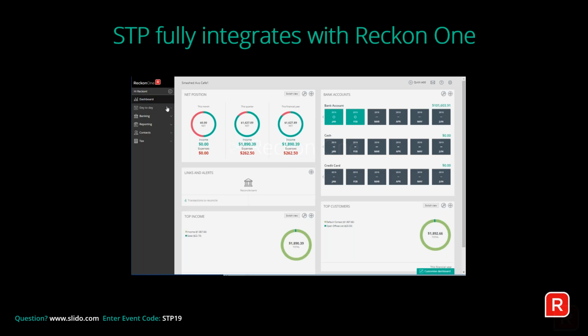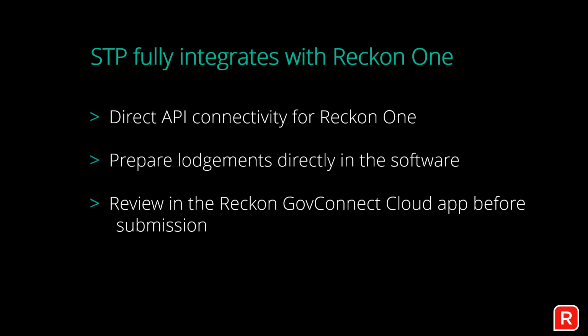Now, how to submit STP within Reckon One. Everything within Reckon One is all online, so it's a direct connectivity. Once you've submitted the pay run and you've submitted the STP, it'll link directly to GovConnect once you have prompted Reckon One to send all the information to GovConnect.